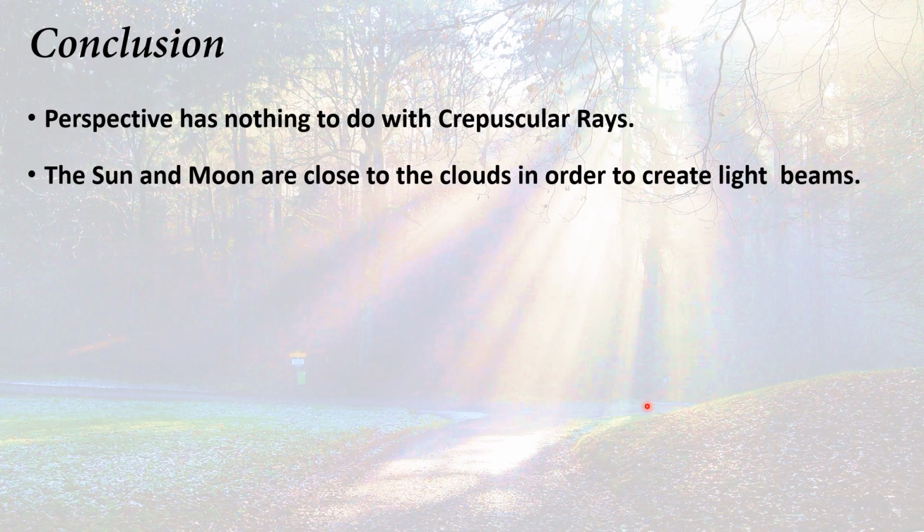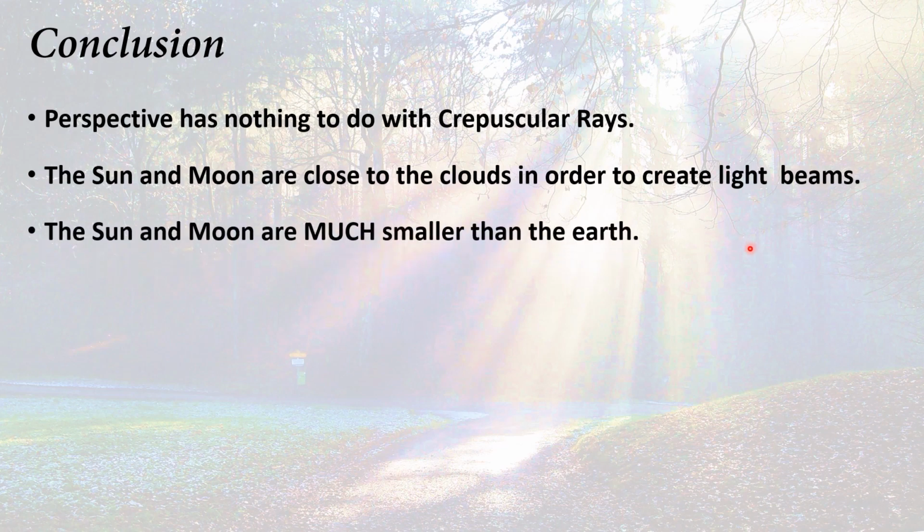Ask anyone who works on movie sets who has to create artificial crepuscular rays for dramatic impact, and they will tell you their light source, the studio lights, has to be close to the gobo. That's a photography term, meaning a board with holes in it, and the light source has to be very close.